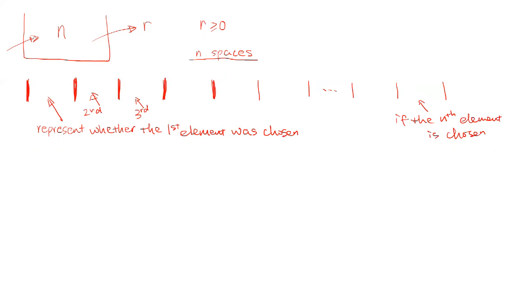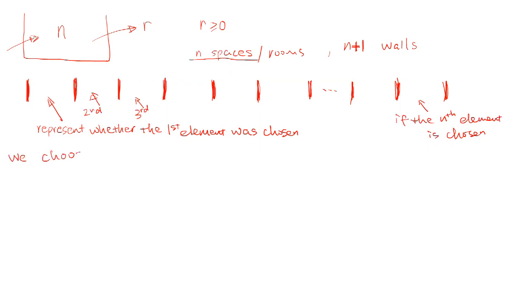If you have n spaces or n rooms, there should be n plus 1 walls, right? Because each room has 2 walls, but 2 rooms share the same wall, right? So you can count from the diagram, if you have n spaces here, you will have n plus 1 walls.